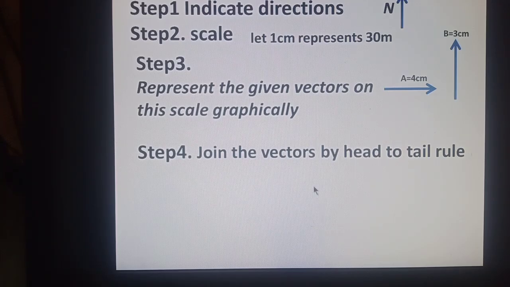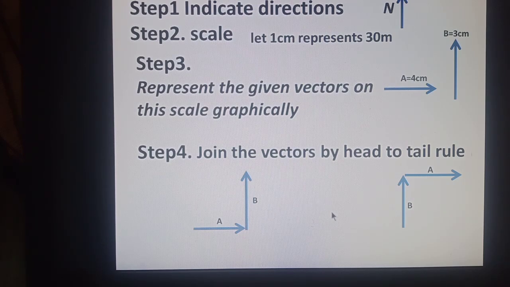There is no restriction. Look at this diagram. Here, where A ends, there B starts. But direction should not be altered. Here, where B ends, there A starts. You can consider either situation. So that was the step. Join the vectors by the head to tail rule. Here the vectors are joined by the head to tail rule.